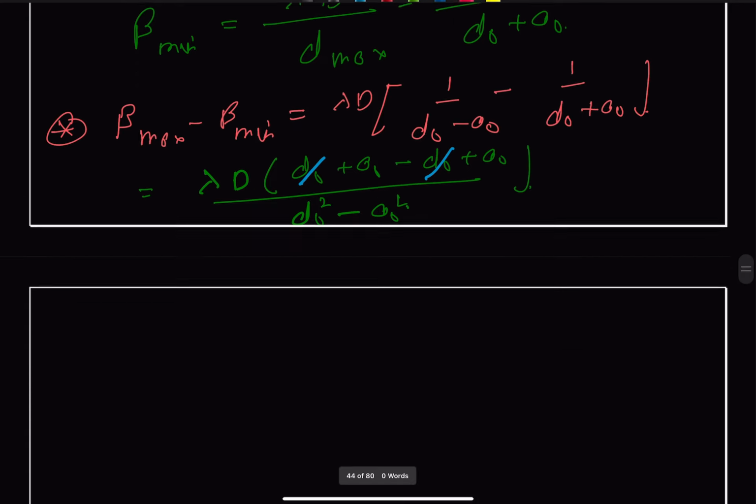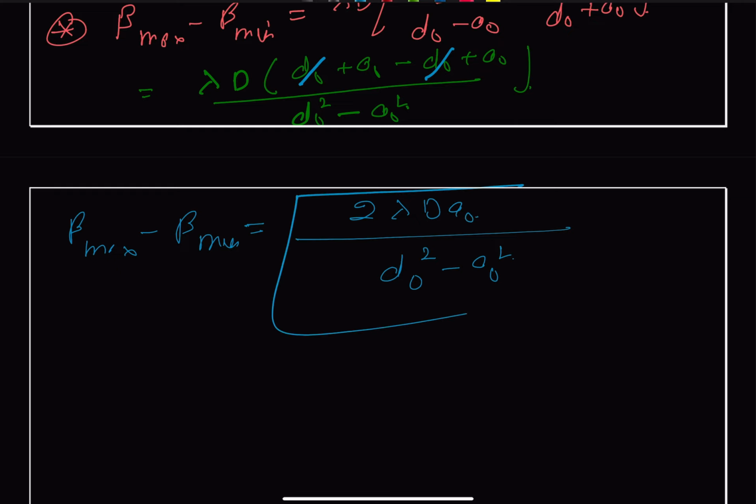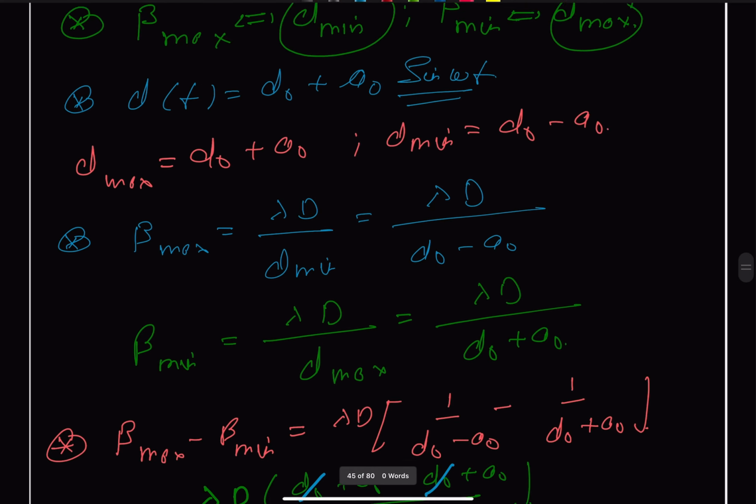We get that beta max minus beta minimum will be equal to, in the denominator we had D naught square minus a naught square, and numerator we get this as twice lambda D times a naught. So this is the difference.